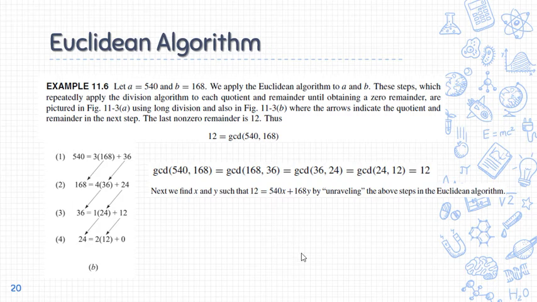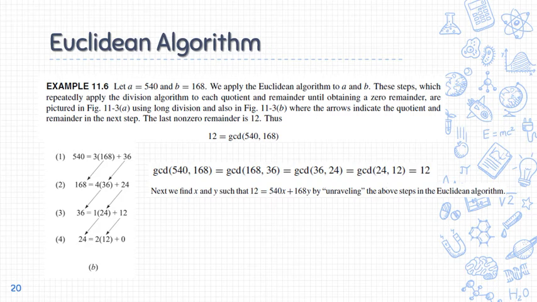Before we unravel, I want you to take note na ang GCD ni 540 ni 168, okay? Ang GCD ni 168 ug ni 36, kato mga gipang bali-bali, ang remainder ug katong dividend. Ang GCD ni 24 ug ni 36 ug ang GCD ni 12 ug ni 24 are all the same, which is 12.